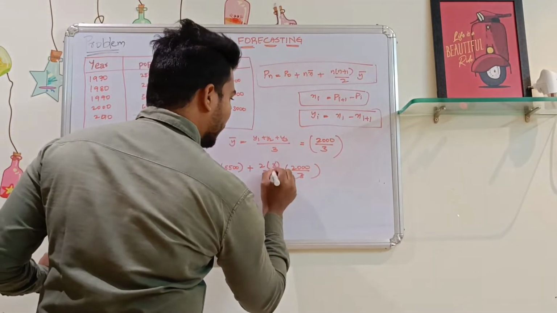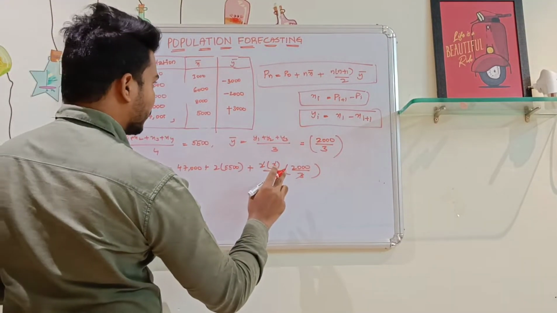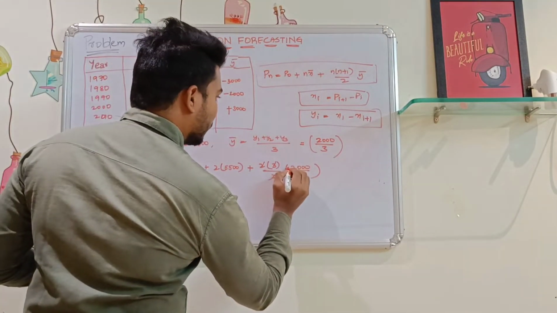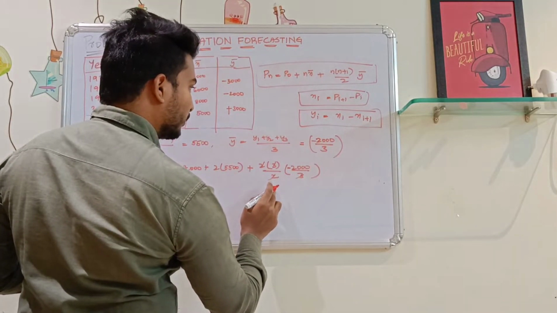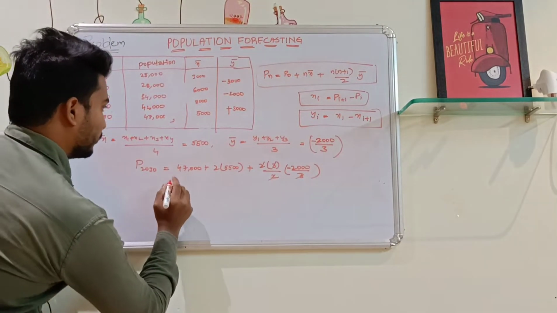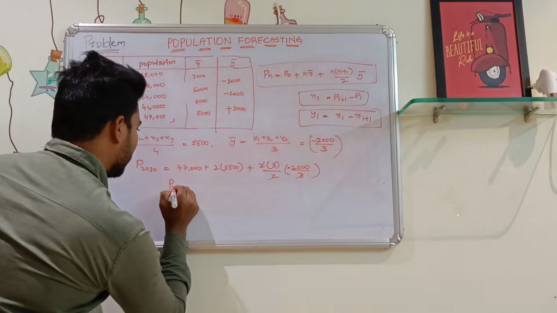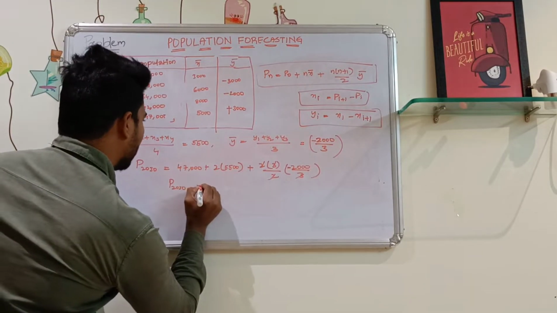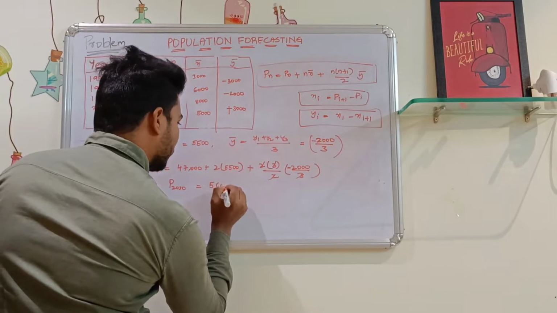So here if I calculate, I'll be getting this is minus 2000, yes. So population in 2030 will be 56,000.